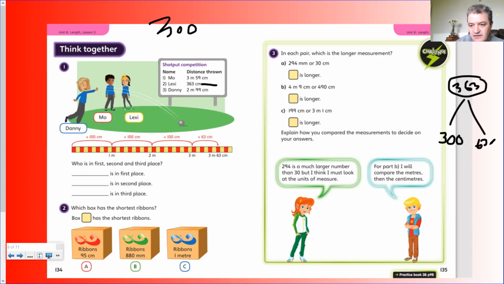Now I want to convert this into 3 meters, and then 3 meters and 63 centimeters. So I'm using the part whole model to do that. Okay, now I can make a comparison between these 3. So I know this is 3 meters and 63 centimeters.